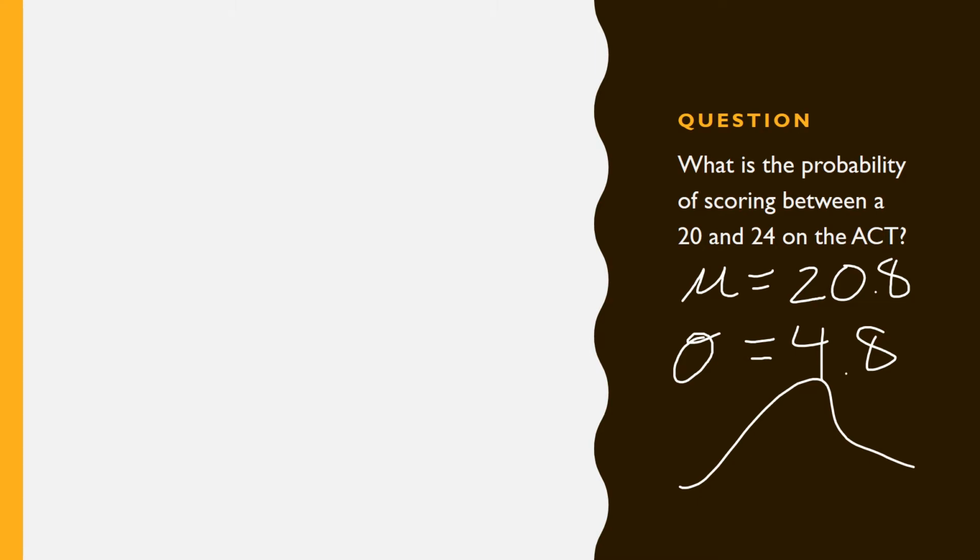Okay? And if we do that, then we can use the z value and the z table. And because we have two raw scores, we're going to have two z values. So z for 20 equals 20 minus 20.8 divided by 4.8.